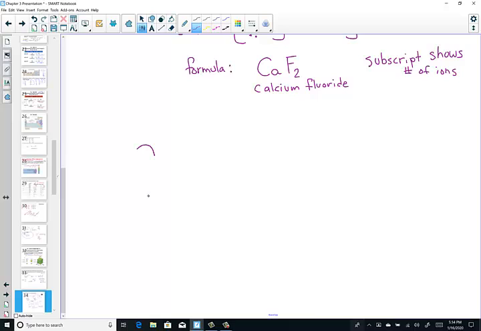Let's suppose calcium, the magnitude of the charge is a +2. And think of that with fluoride, whose magnitude of the charge was a -1. Thinking about each positive having to be balanced by a negative, you can see why it took 2 fluorides to balance 1 calcium.